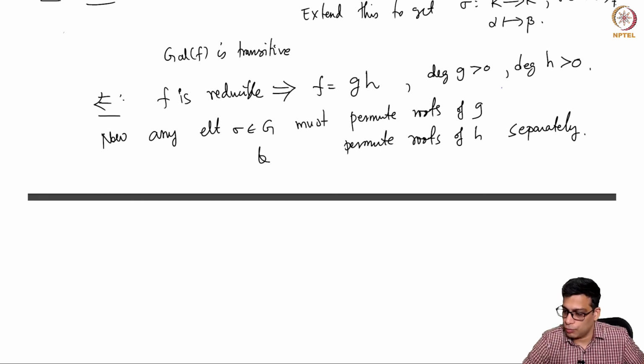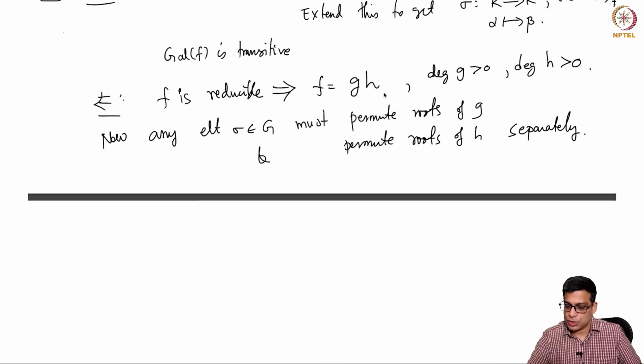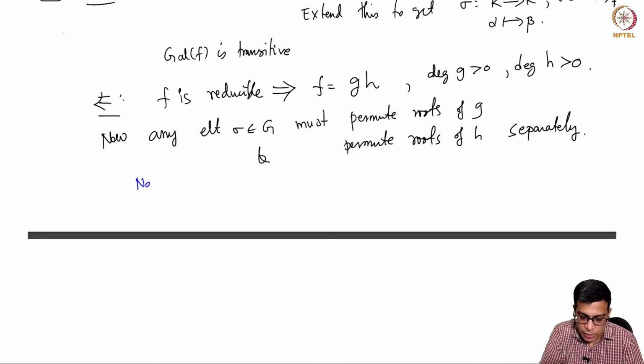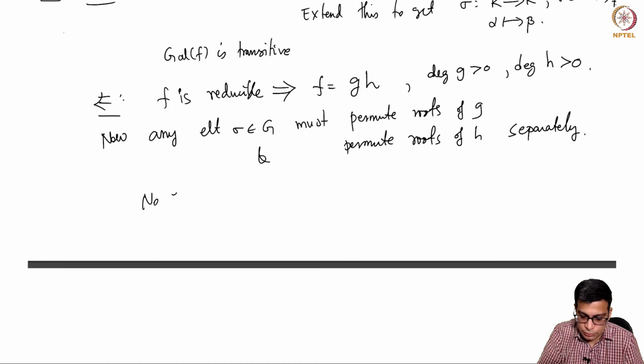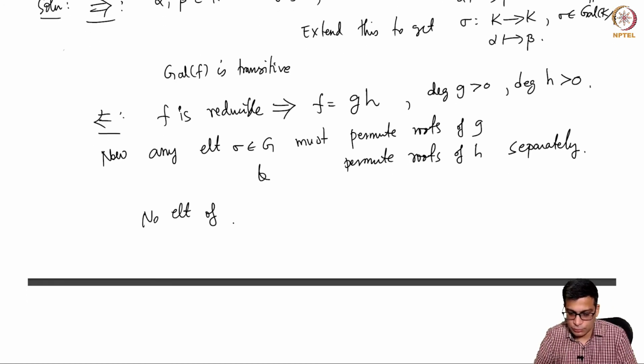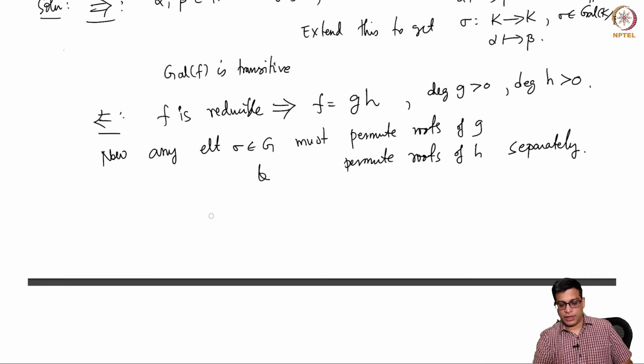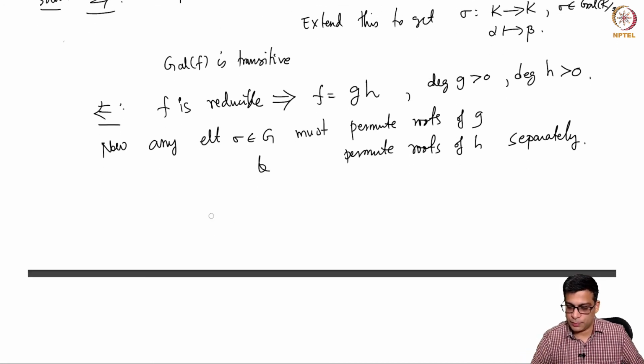So what I want to say is that there must be a root of G that's not a root of H, and there must be a root of H that's not a root of G. So no element sigma of the Galois group can map a root of, okay, so actually there is a little bit more work involved here, so I'll simply say that.